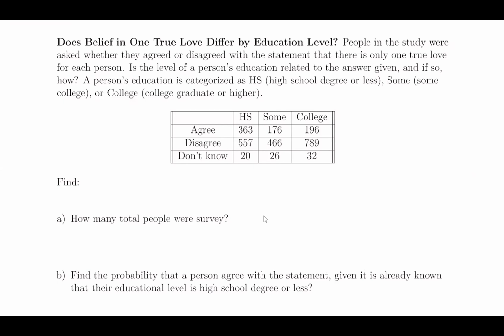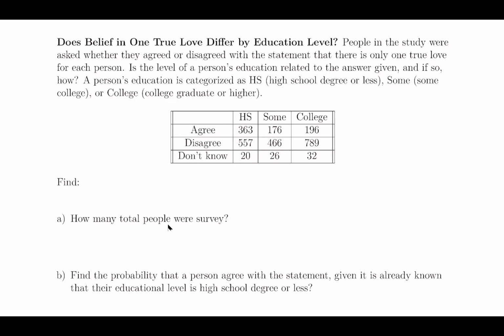And if so, how? A person's education is categorized as high school degree or less, some, which means some college, or college, which is college graduate or higher. So right here it has the high school, some, and college. Right here it has agree, disagree, or don't know.